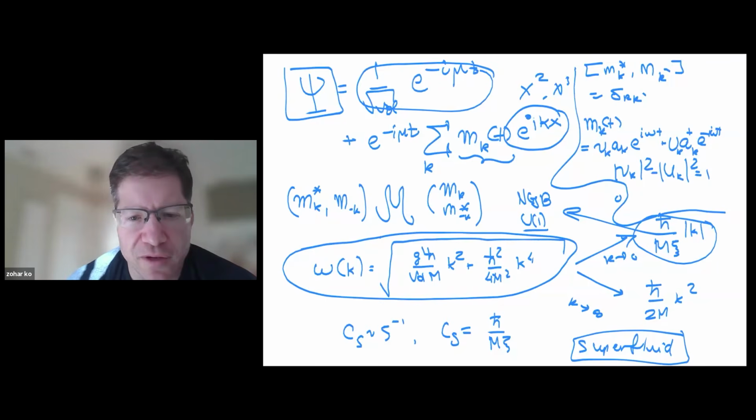And at small momentum, it has linear dispersion. Of course, we started from a Schrödinger problem where all the dispersion was quadratic. But the emergent behavior and the interactions among these 100,000 particles led to some interesting excitations of the Schrödinger problem, which have linear dispersion, collective excitations.